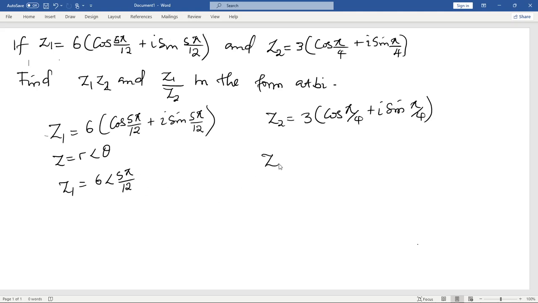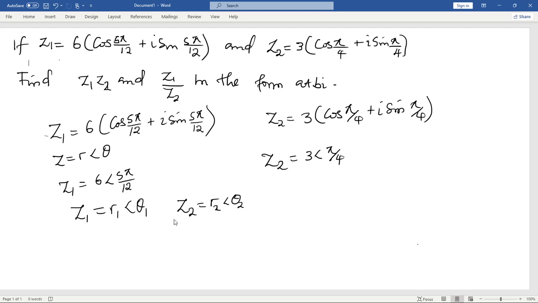Then for z2, we're simply going to have 3 with the argument π/4. Remember that if you have z1 equal to r1 and θ1, then you also have z2 equal to r2 and θ2.